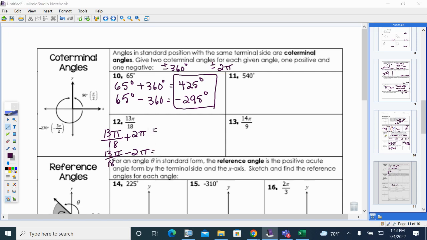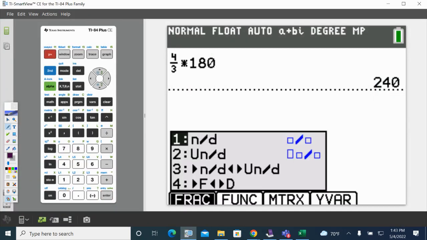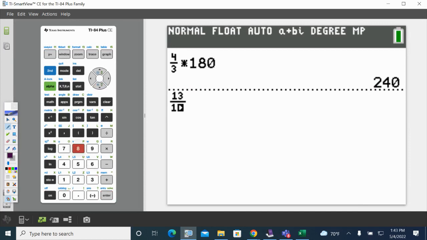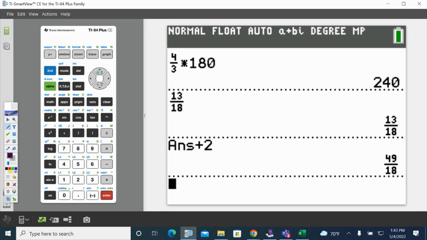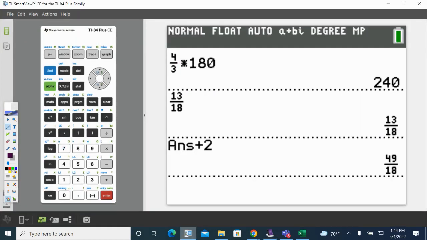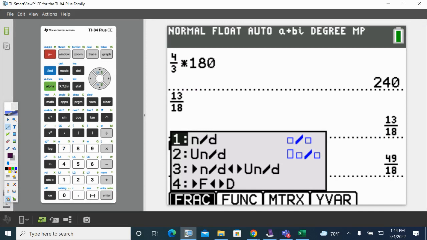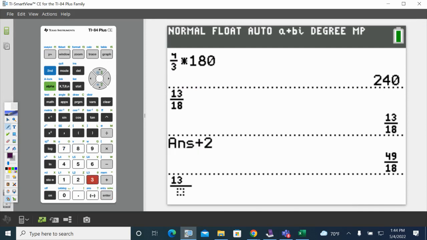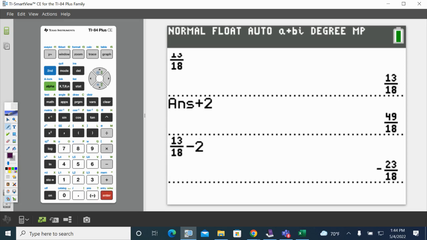So 13/18 plus 2, I forgot the plus 2, so 49/18. And then 13/18 minus 2, and we get negative 23/18.